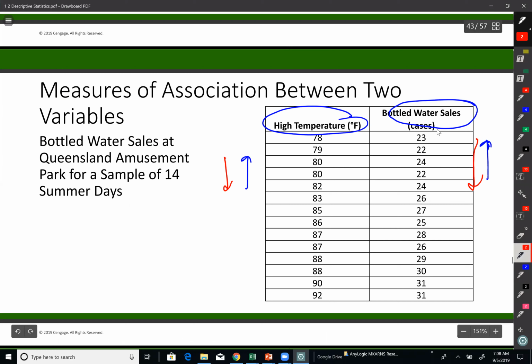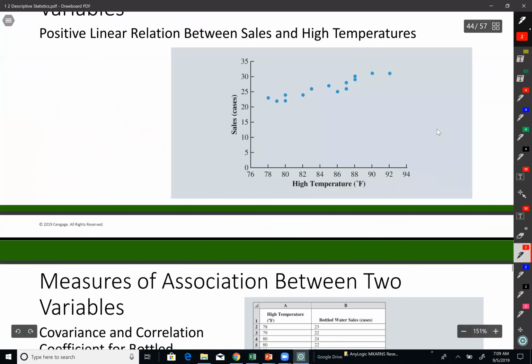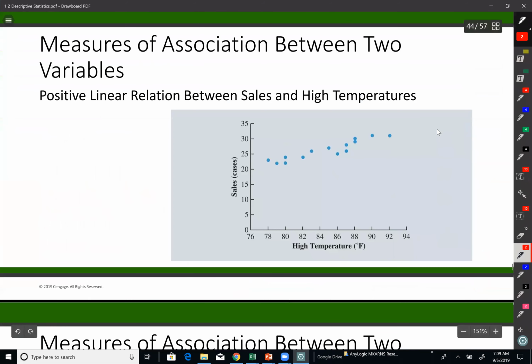To be able to test this, I could just take a look at the examples one by one. Let's say from 78 to 79, it increased, but my water sales decreased. So can I just say that there is no positive correlation between these two? It is hard to tell from looking at individual data. That's why we use scatter plots.